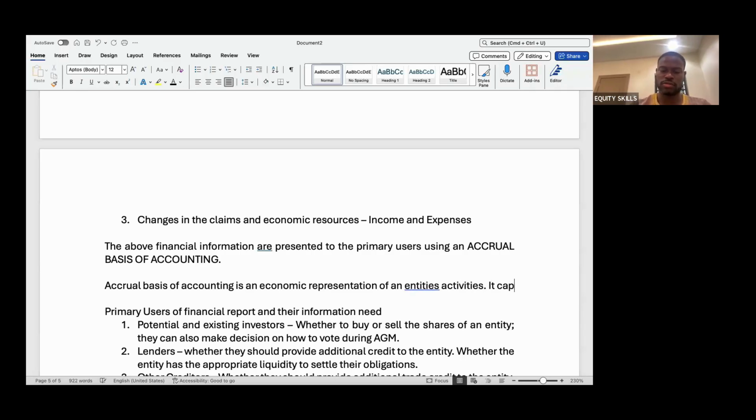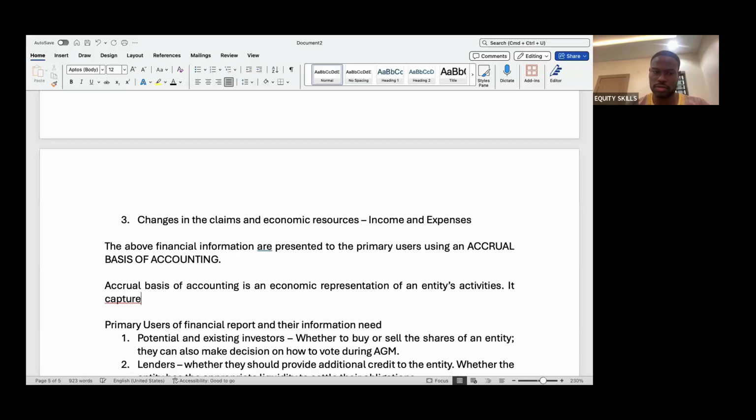It captures all transactions that occur, whether or not there is an exchange of cash.